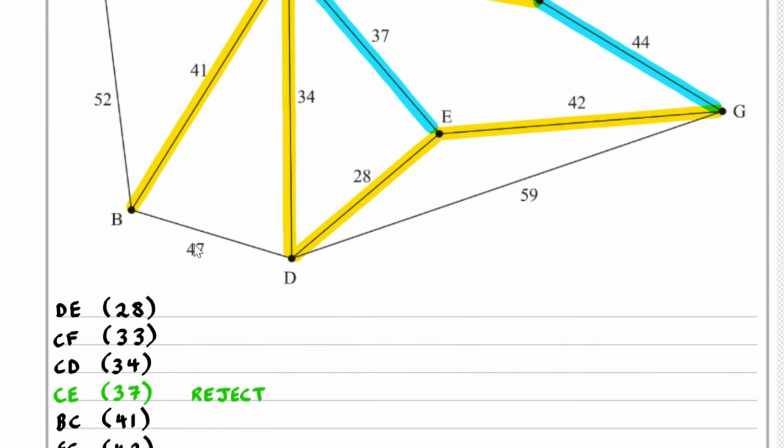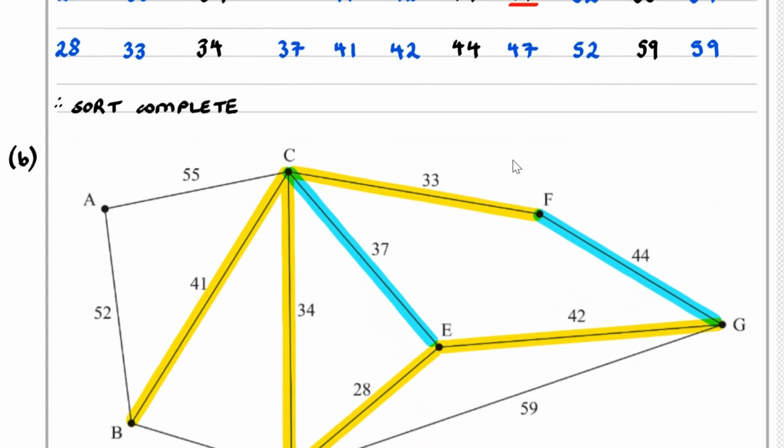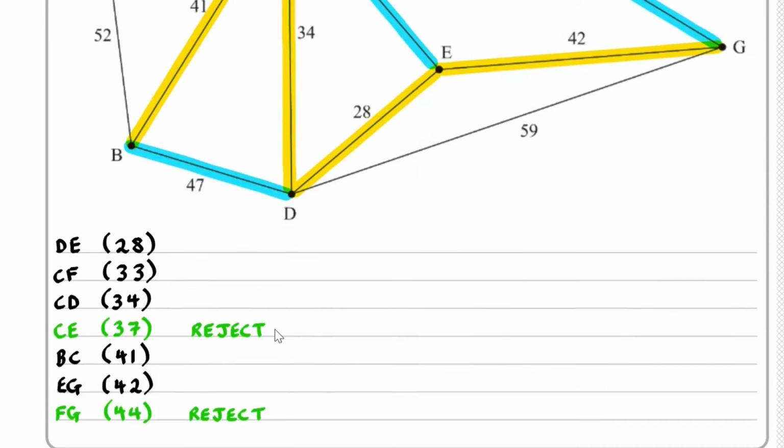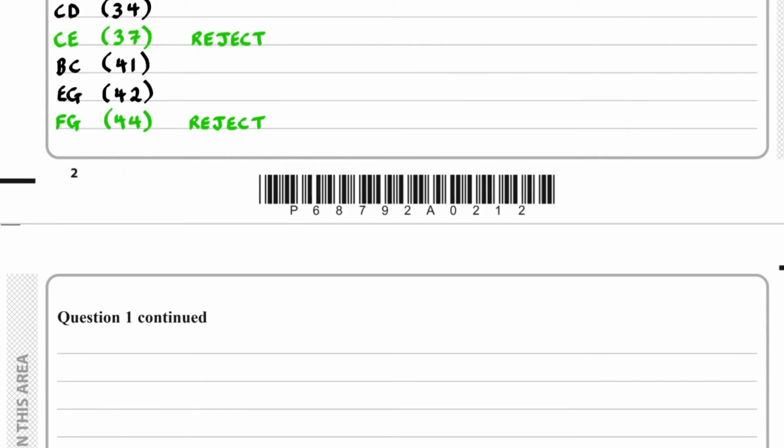And then we have 47, which corresponds to BD, but the problem with using this, we would have a cycle, so the BD with weight 47, we would have to reject.